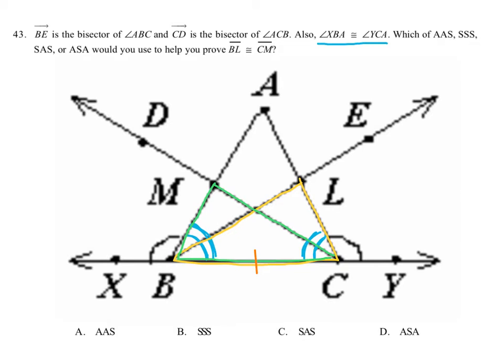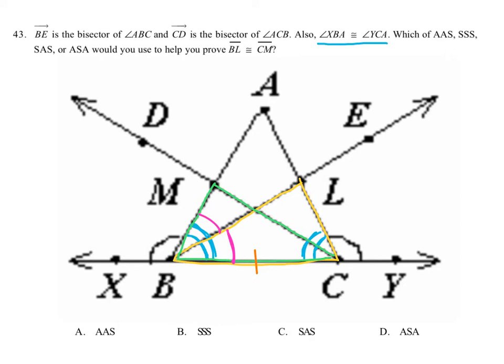So now what we've got in this triangle so far is an angle and then a side. Well, check it out. Since these two angles with the two blue marks are congruent, and we know that BE right here is bisecting it, then we know that this smaller angle right here is congruent to this smaller angle right here, because it's bisected, so it splits that into two equal amounts.